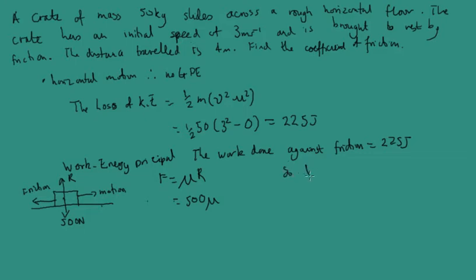So work done by friction will be minus, because it's in the opposite direction to the motion, the force times the distance. So it's minus 500 mu times the distance travelled, which is 4 meters. And the work done is 225. So this gives us mu is equal to 0.1125.